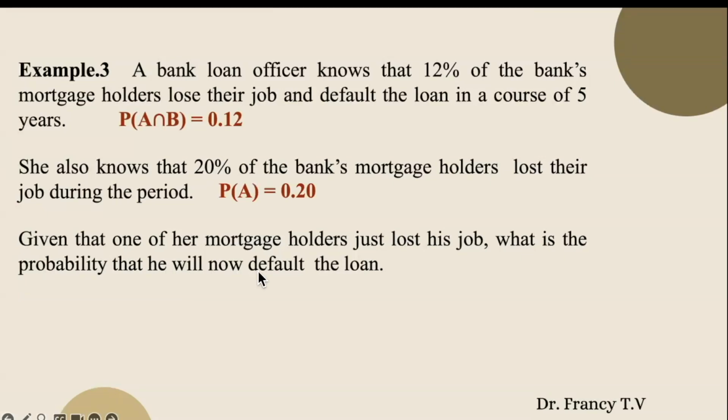What is the probability for B? That is, given A, what is the probability for B? That is, probability of B given A. We can use the definition of conditional probability, which is nothing but P of A intersection B divided by P of A. Now we can substitute the values and get the answer.